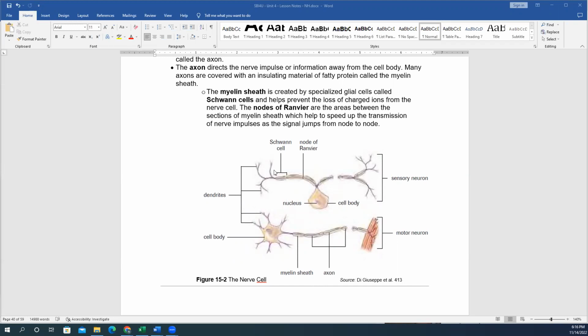There are the dendrites, and you can see them over here, these branched structures. These are the dendrites. The dendrites receive information from other nerve cells and then direct it towards the cell body.